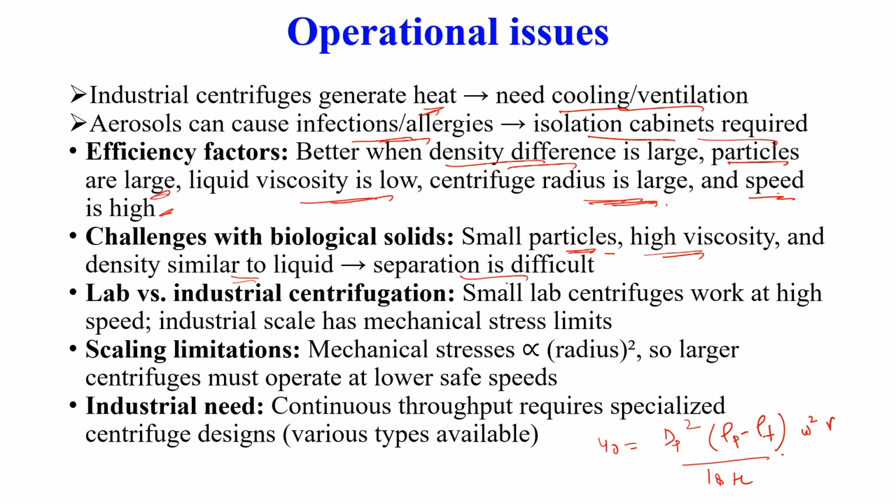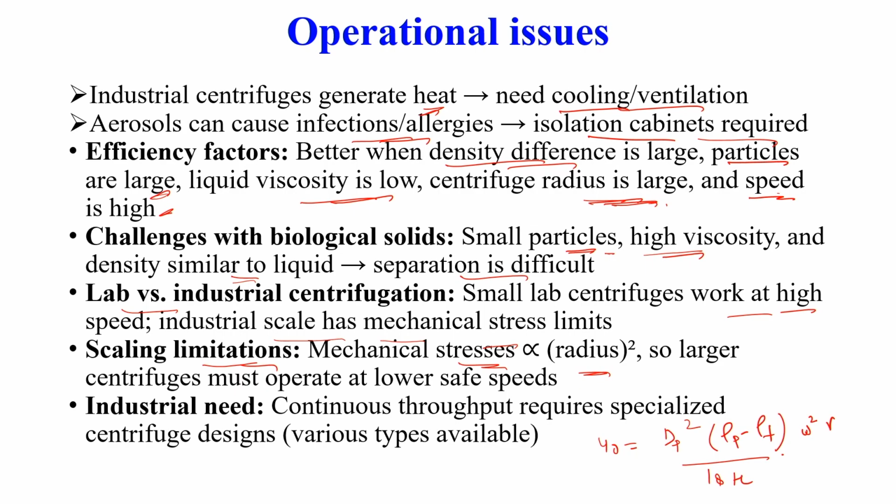There are certain differences between laboratory and industrial centrifugation. Particularly, a small lab centrifuge works at high speed, while industrial scale has a mechanical stress limit. So, that is the scaling limitation. This mechanical stress is proportional to radius square.